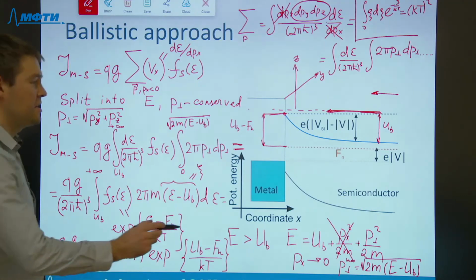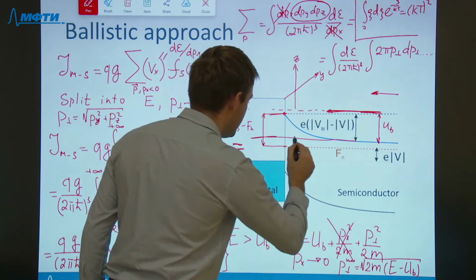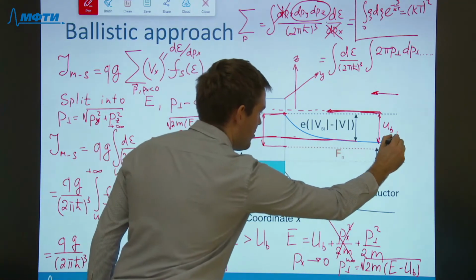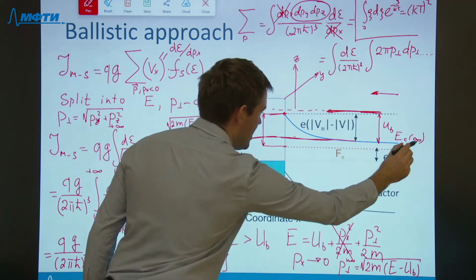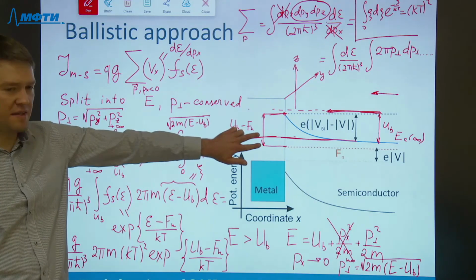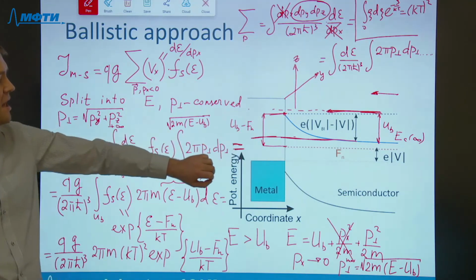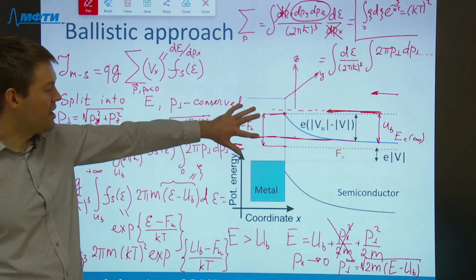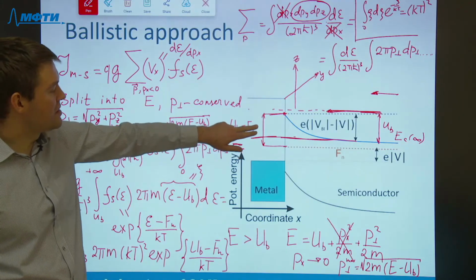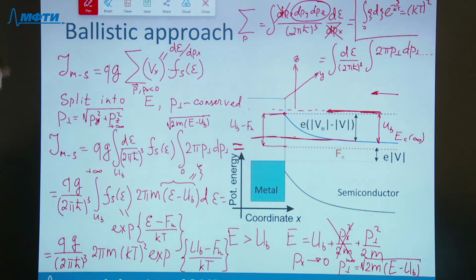We can split it into two parts. The first part is the barrier height, and the second part is the conduction band bottom at infinity and Fermi level at infinity. This difference gives us nothing but the carrier density at infinity, and the only exponent that remains is the barrier height minus the built-in voltage minus applied voltage.